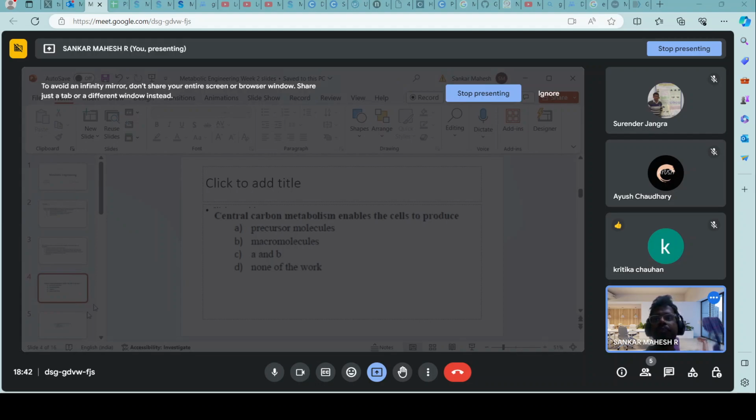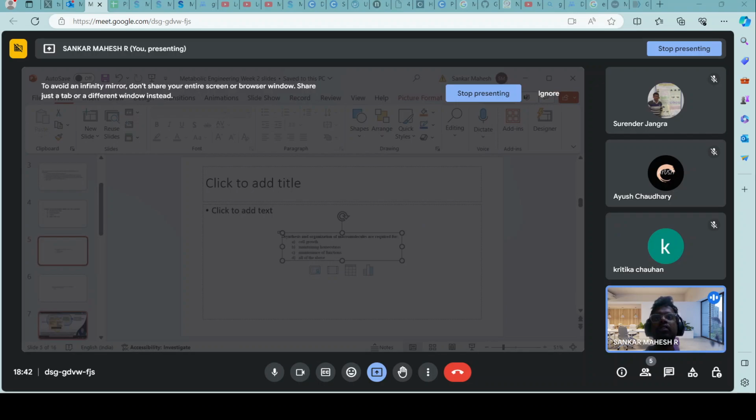The next question is: synthesis and organization of macromolecules are required for option A, cell growth, option B, maintaining homeostasis, option C, maintaining functions. So we can take a couple of minutes and then each one of you can try to justify why one of the options is right or wrong.